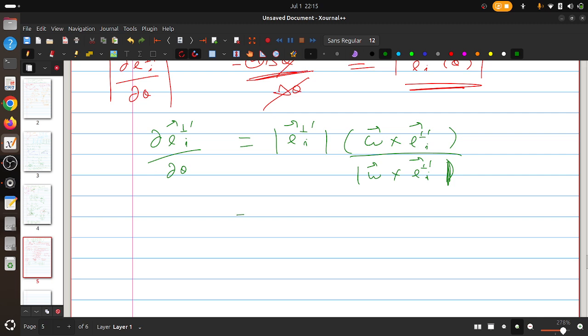Okay, so we can write this mod in a better way. One thing we realize here is that we can write omega cross this thing as mod of omega, and mod of this thing here, into the sine of the angle between omega and the perpendicular.